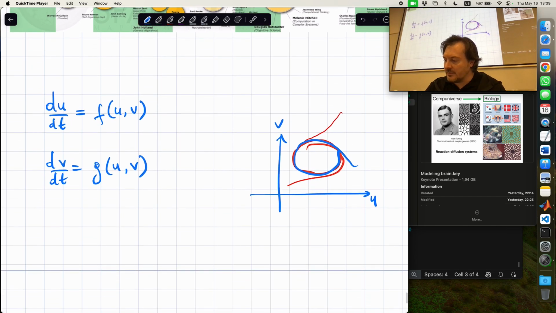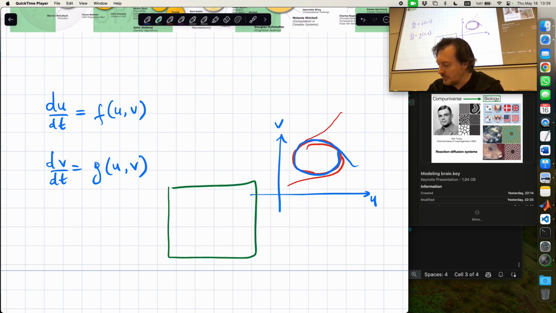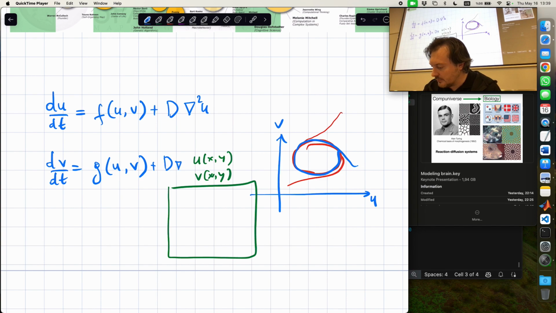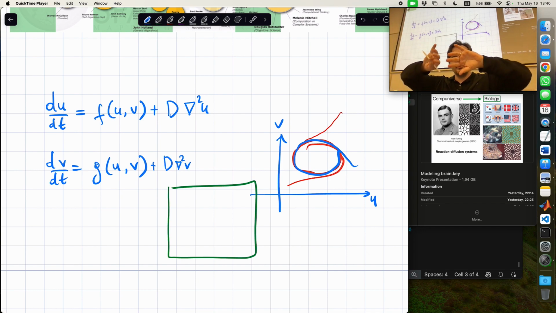But what if it's a distribution? What if there is a U of xy and V of xy? It's distributed, and you put a diffusion here. Diffusion was something like this, right? So while you have a limit cycle, you also diffuse. What will happen? Well, what happens is that you get these spirals, those waves that we have seen in Belousov and Zhabotinsky.